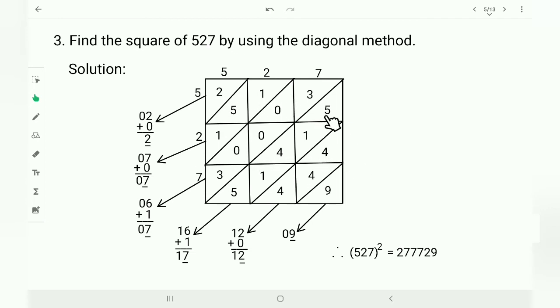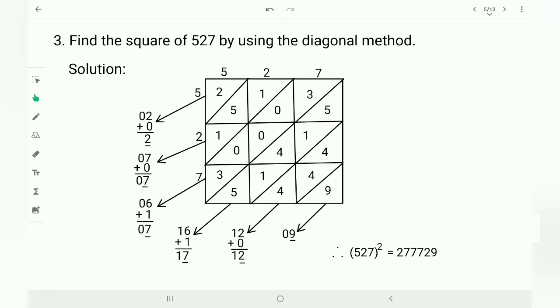Then you will get 3, 3 is 9 small squares. You also have to write the digits of the number one by one. The number is 527. Its digits are 5, 2 and 7. Like this you have to write at the top of the square, and on the left side of the square also.